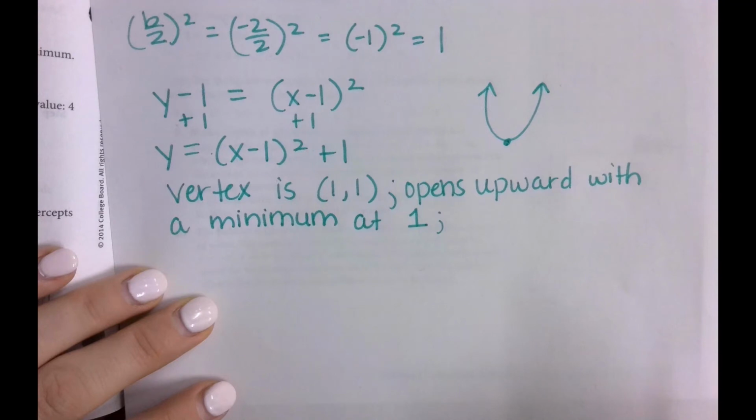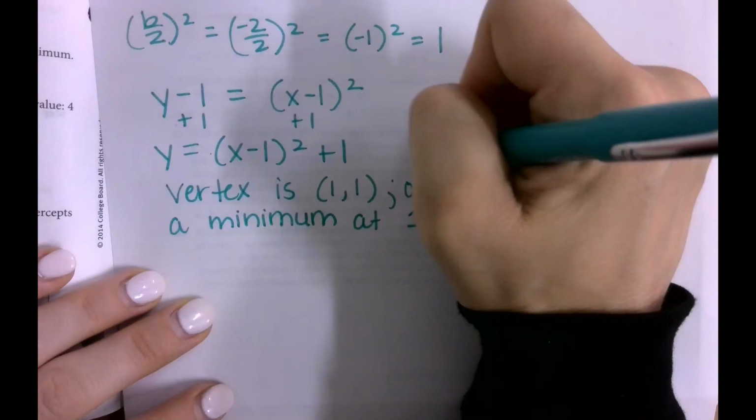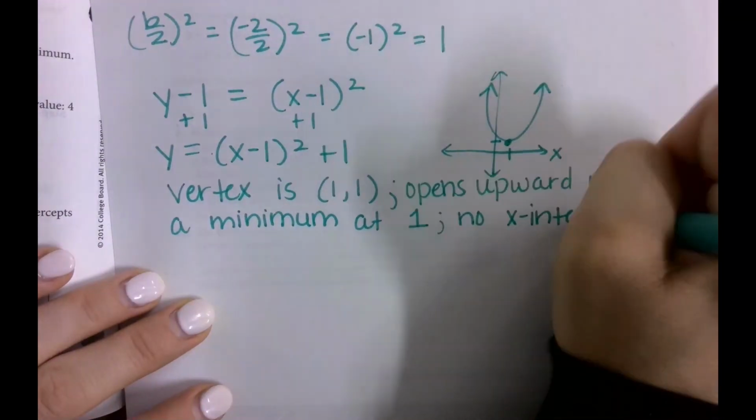X-intercepts, are there any? Well, if this vertex is at 1, 1, I know that's in quadrant 1 of my graph. So if this is at 1, 1, that's not touching the x-axis here. So there are no x-intercepts.